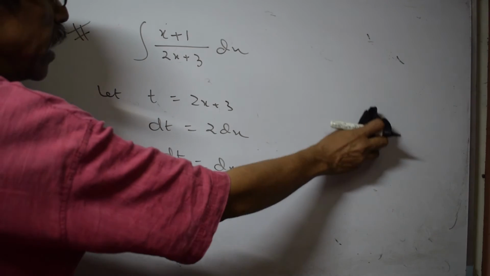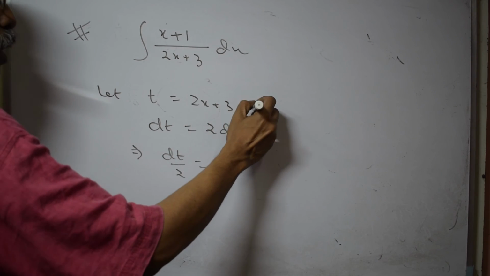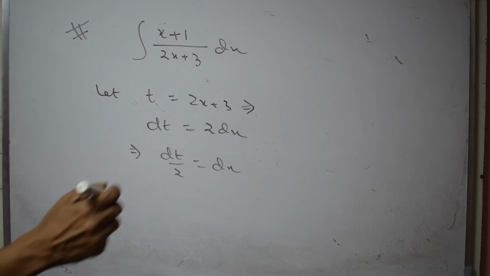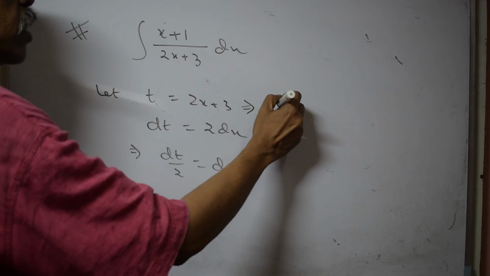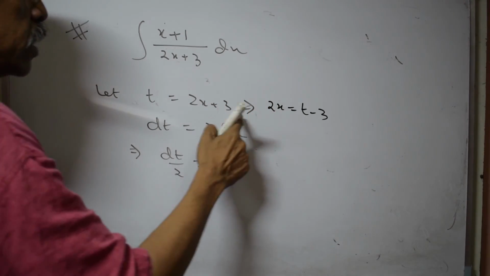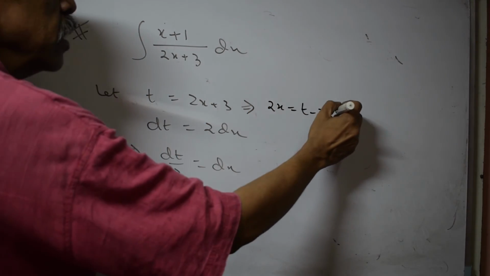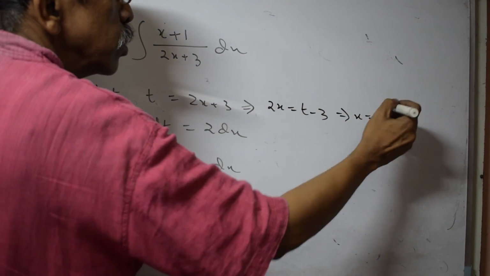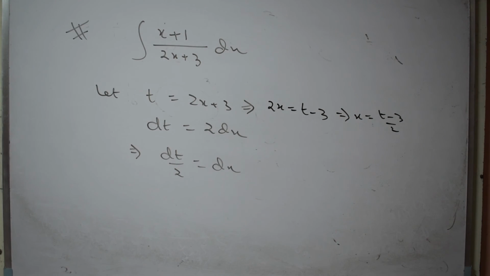How to get rid of that x? Look at this expression. t is equal to 2x plus 3. So what we can think is that this x can be simplified. 2x will be t minus 3, taking 3 this side. That means x will be (t minus 3) by 2. So go back to the problem.